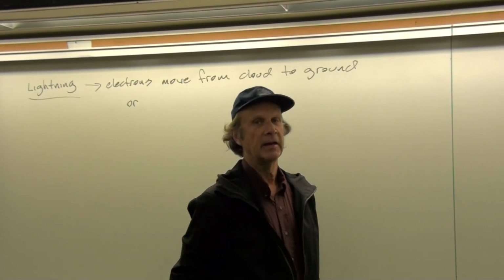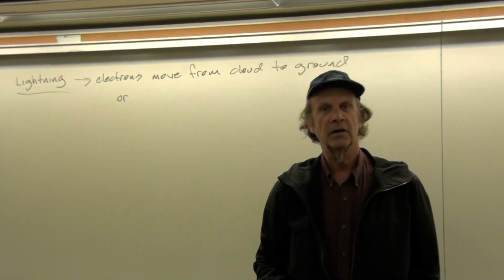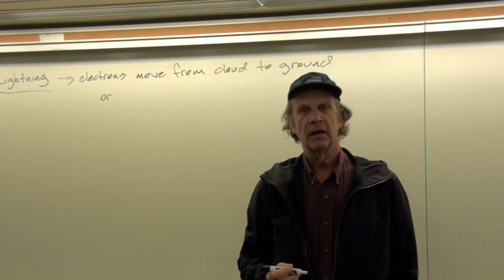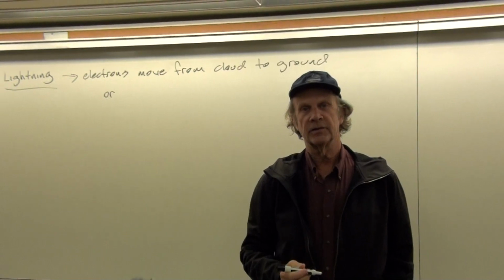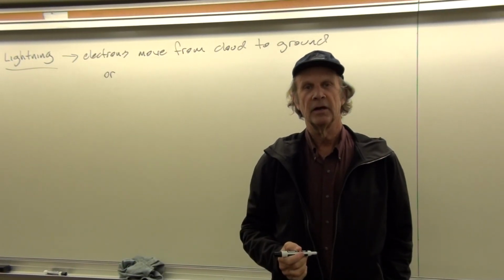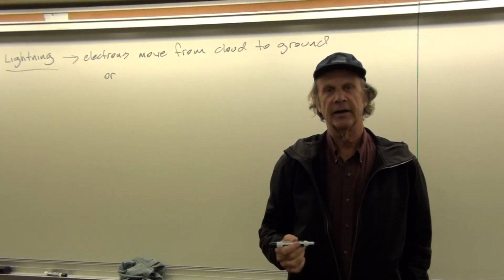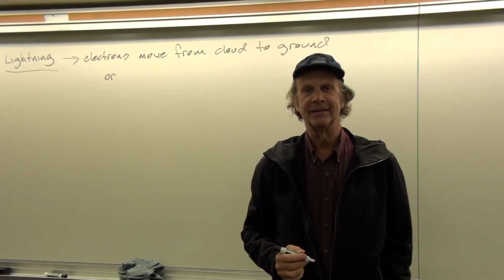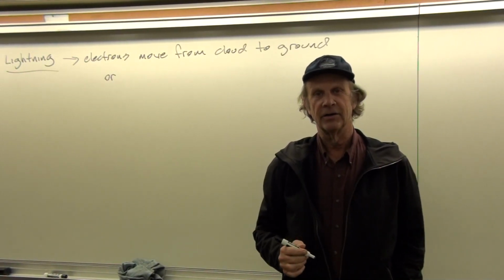It turns out that at least 2/3 of all lightning occurs between the clouds, and only perhaps 1/3 is from cloud to ground, although that is the kind of lightning that we encounter the most.